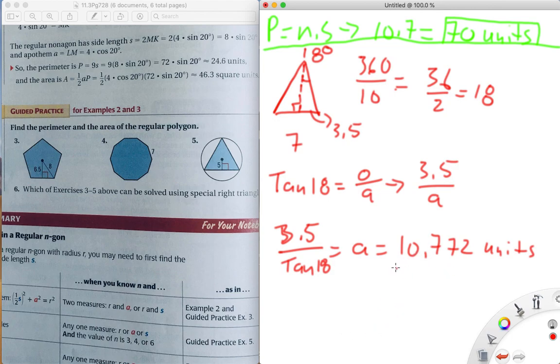We have our side. So we have enough information to find the area.